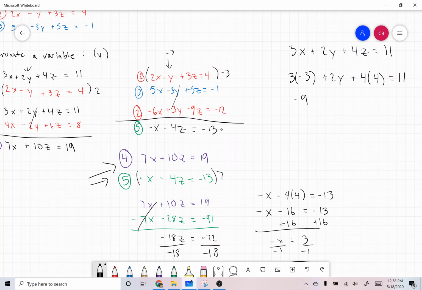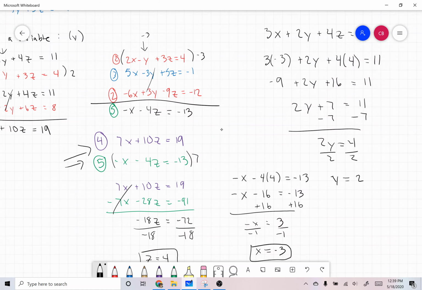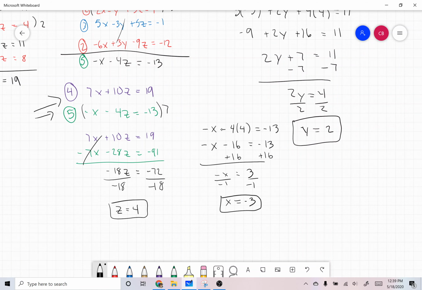This is negative 9 plus 2y plus 16 is equal to 11, which I believe is 2y plus 7 is equal to 11, which is 2y is equal to 4. Which is y is equal to 2. Okay, so now we've got our third one. So our solution here is negative 3, 2, 4, x, y, z. And that is where these planes intersect in three-dimensional space.